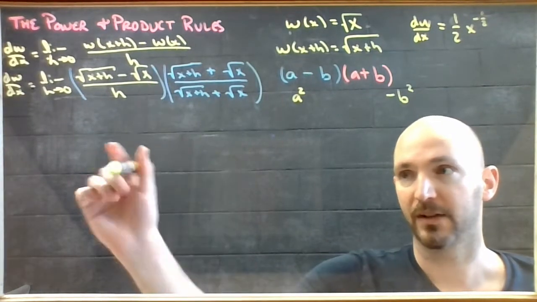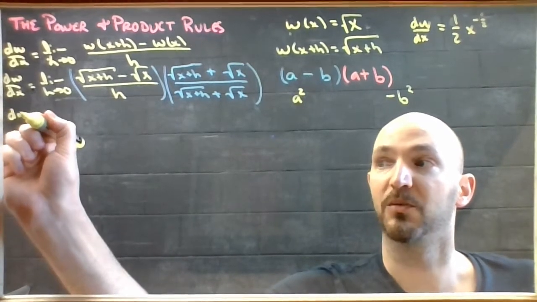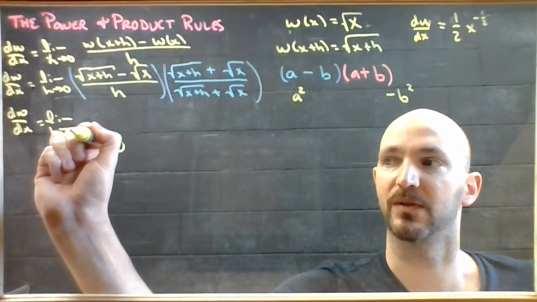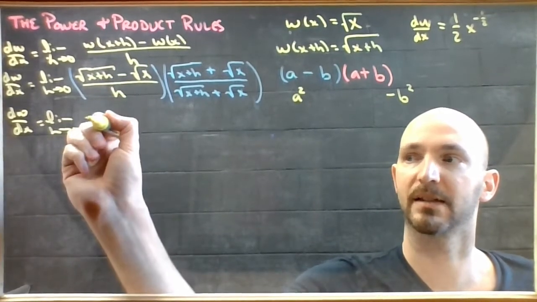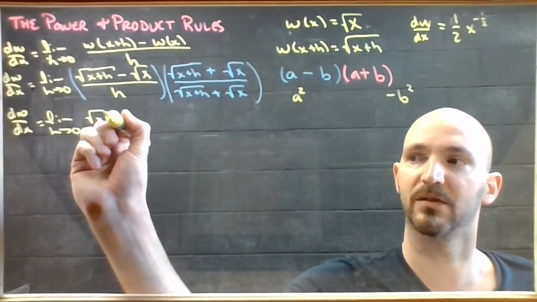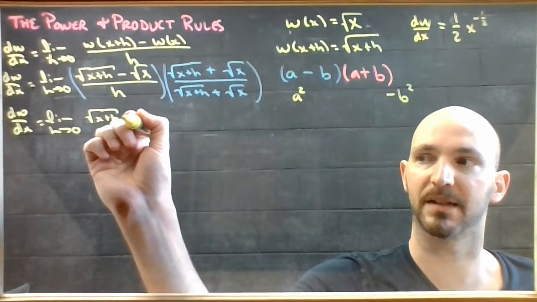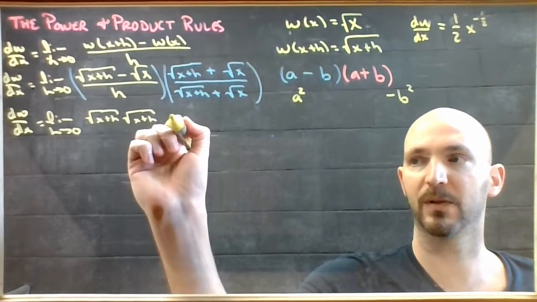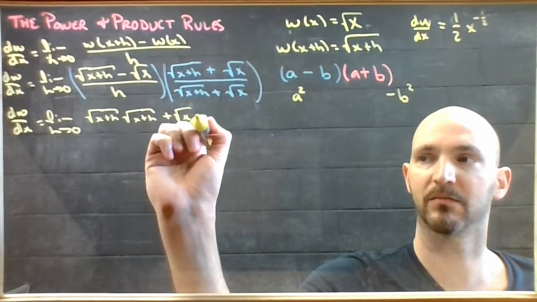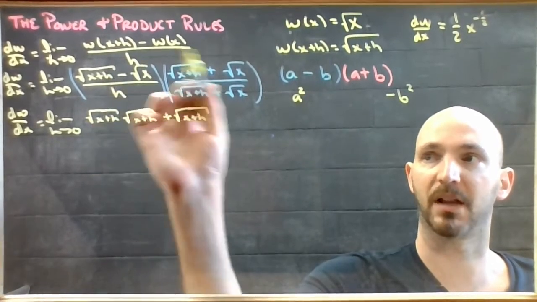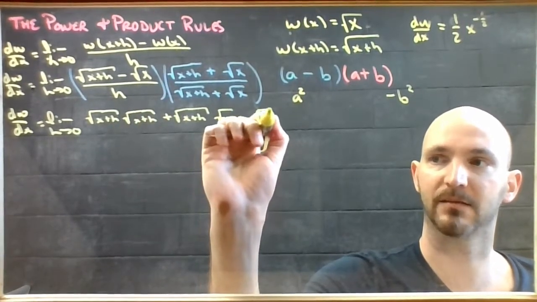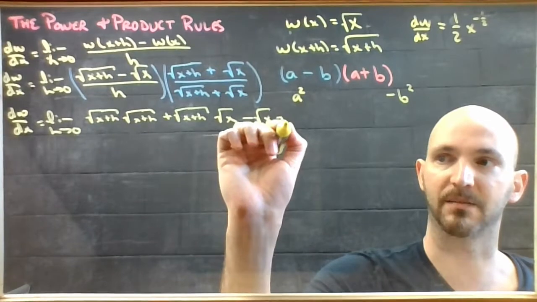So if I actually do this expansion in the numerator anyway, limit as h goes to 0, I would have root x plus h multiplying root x plus h. And then I'd have root x plus h multiplying root x. And then I'd have negative root x multiplying root x plus h.